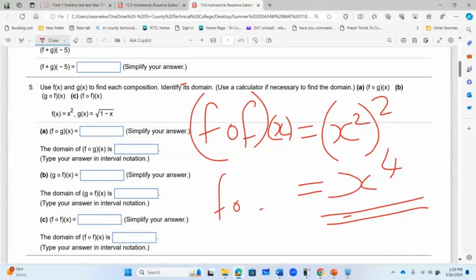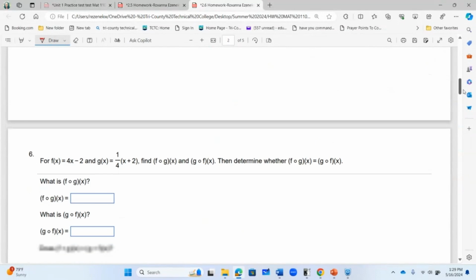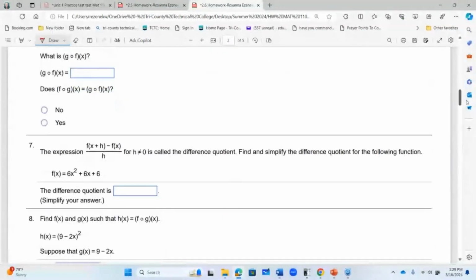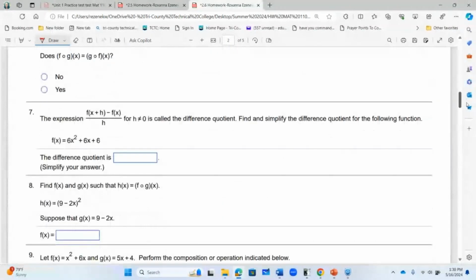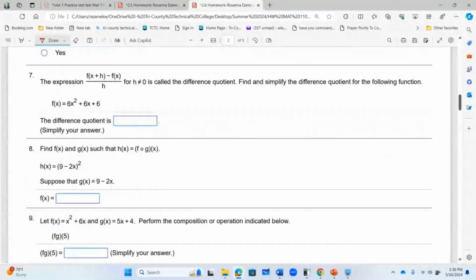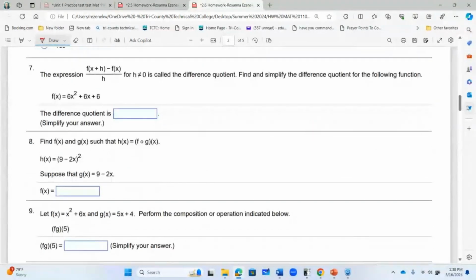Therefore, f composed of f of x is a quartic polynomial. Okay, so right now let's go to the next one, and I think you can do this one. You can do it. Okay, now let's go to number 7, the difference quotient.